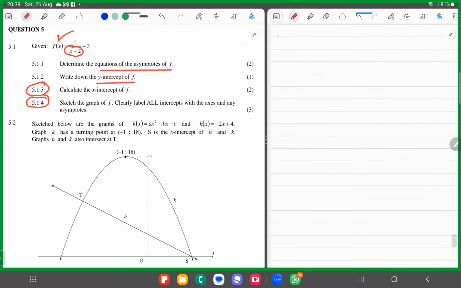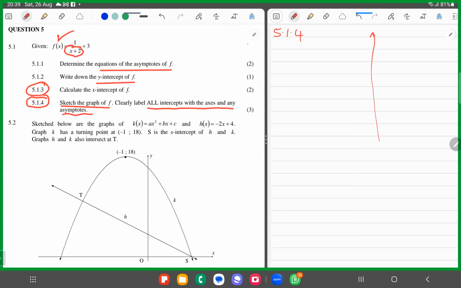So, sketch the graph of f. Clearly label all intercepts with the axes and any asymptotes. Right, so let's look at the sketch of the graph. We're going to sketch together.